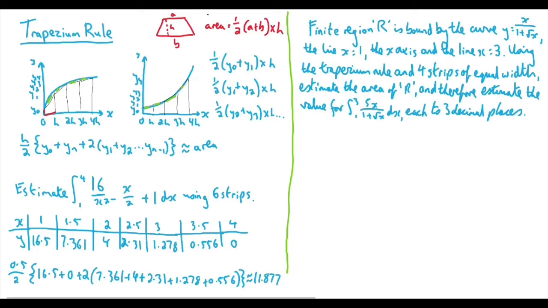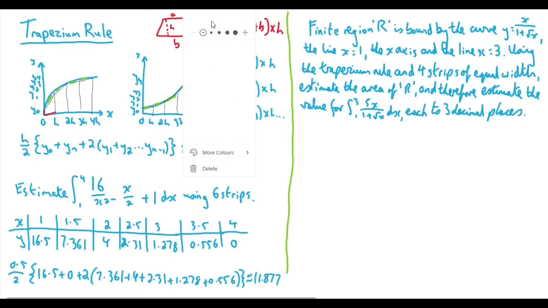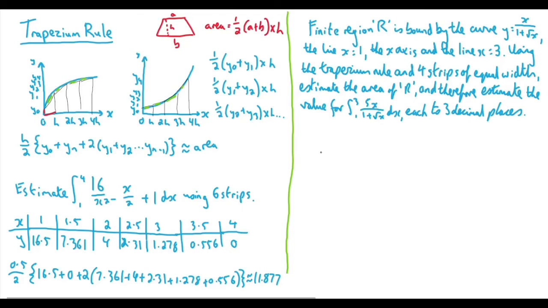So, what we're going to need to do first of all is work out what our y values are going to be. Because we're going between x is 1 and x is 3, and we're going to be doing 4 strips, x is 1.